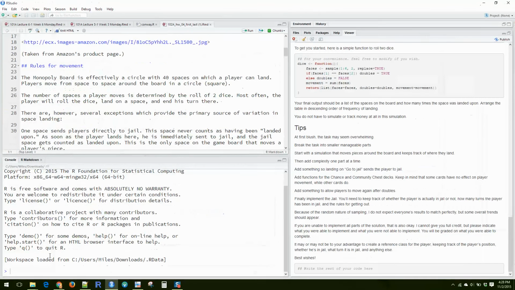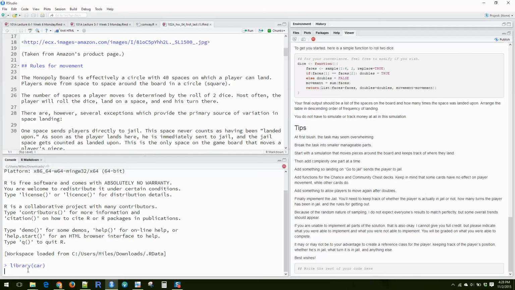So in R, you call library car. If you haven't installed it already, you're going to have to install it, and then you fit a model.